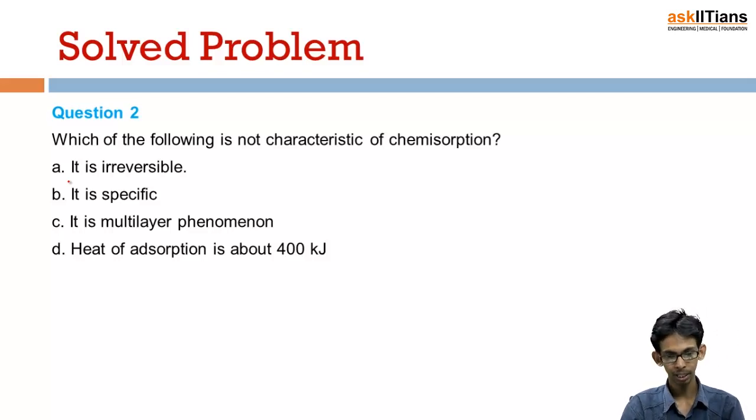Chemical adsorption is a unilayer phenomenon. Once one layer has been formed or the valencies have been satisfied, there will be no more adsorption taking place on the surface, and that is why only one layer is formed. So it is a unilayer phenomenon and not multilayer. So C is the answer here.